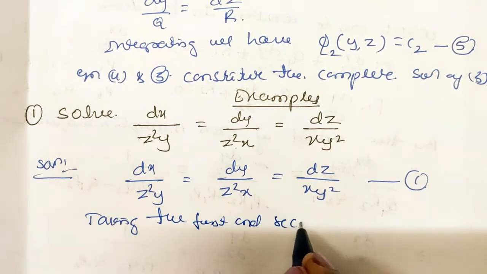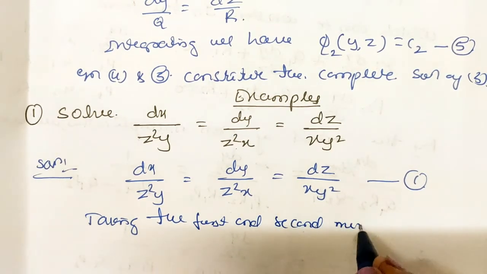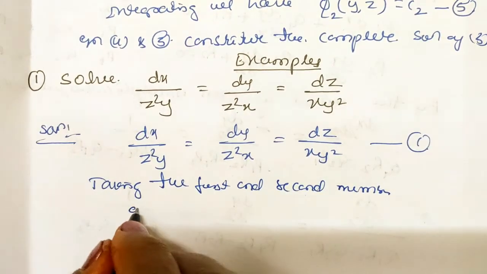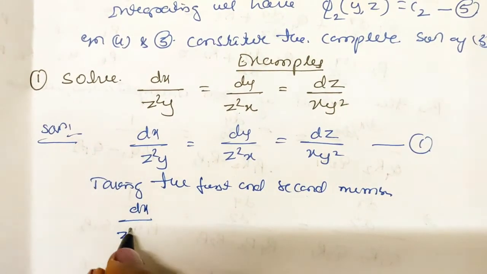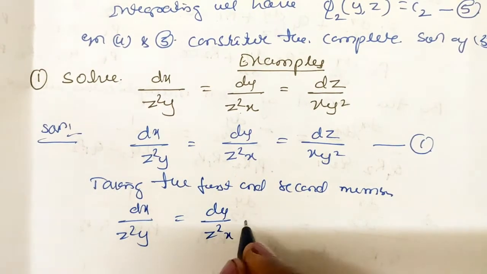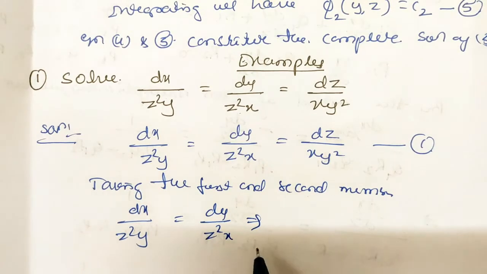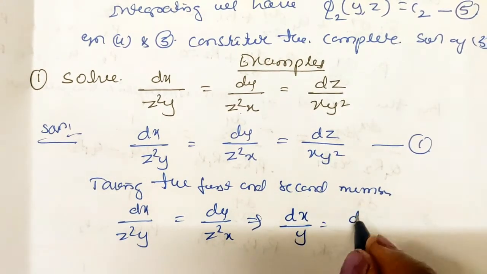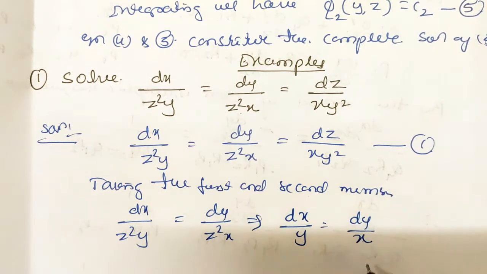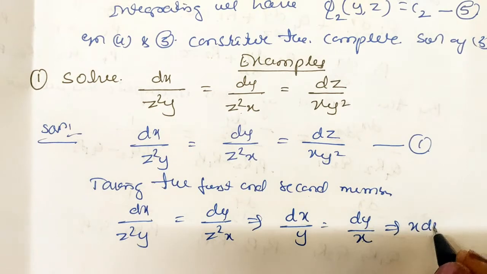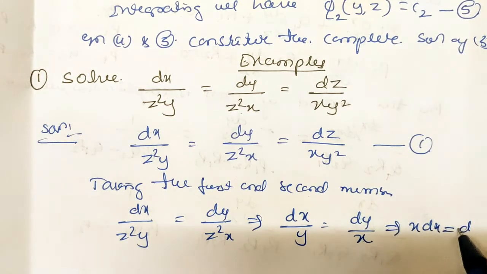What we have here is dx divided by z square y is equals to dy divided by z square x. On both the denominators we have z square. This implies dx divided by y is equals to dy divided by x. Cross multiply this, so we have x dx is equals to y dy.